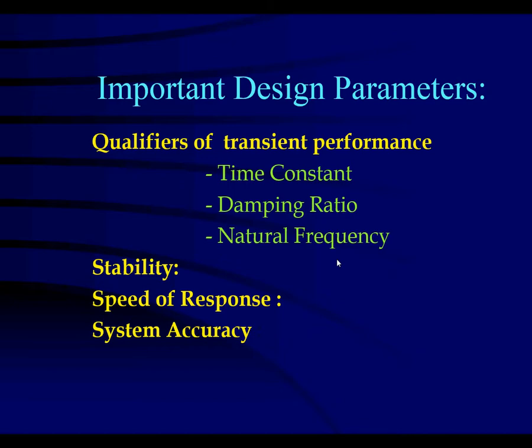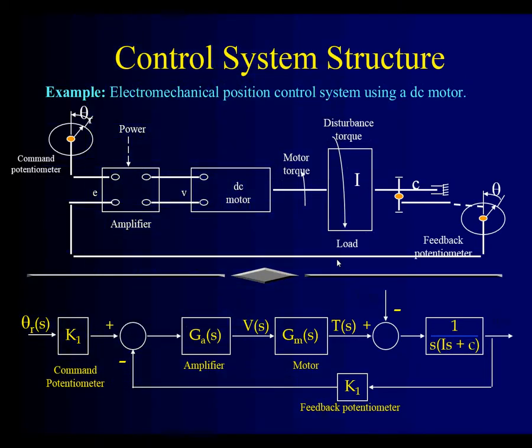Is it fast or slow? All these things are kinds of changes that we can do. Let's do an example of a position control system, which obviously is a closed loop system. Okay, so take a look at the top picture.